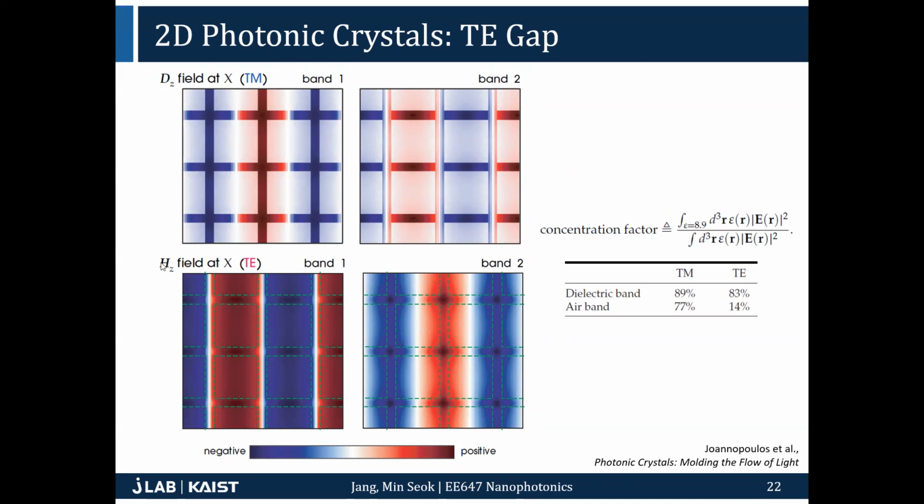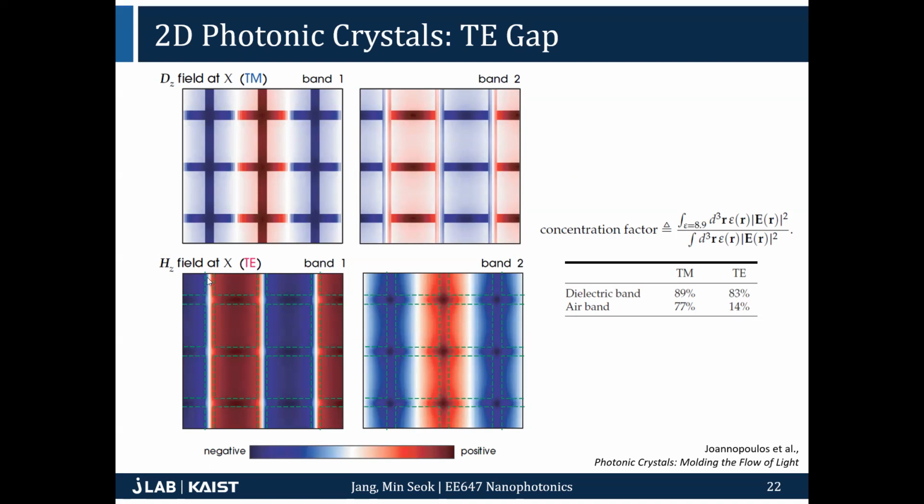Now imagine again, because I draw the H field, you should think about the derivative of the H field in order to imagine what your electric field is going to look like. If you look at band 1, you see the H field node is located along the fishnet, the vertical bars.